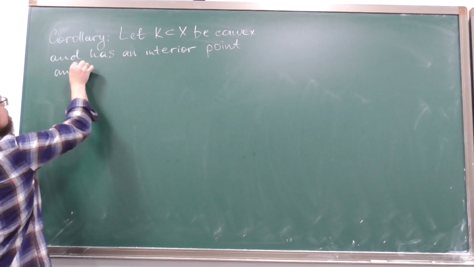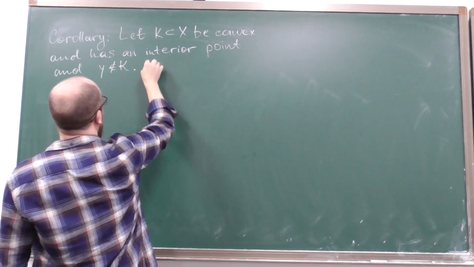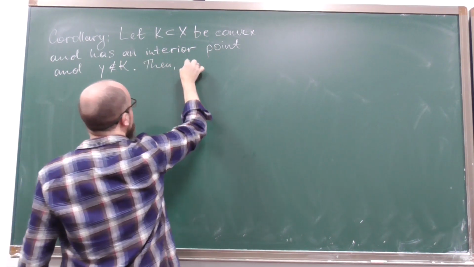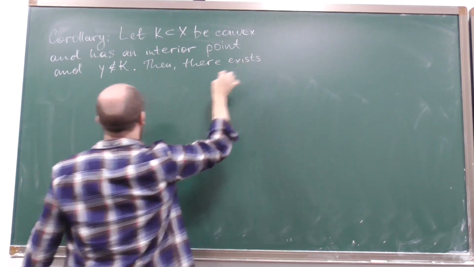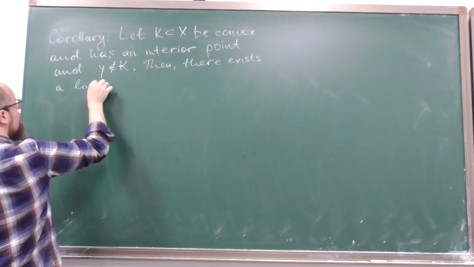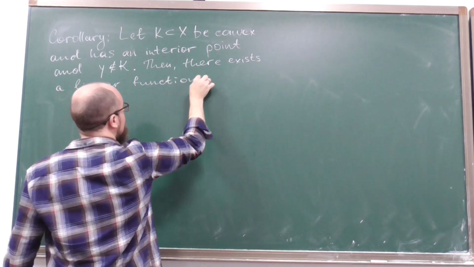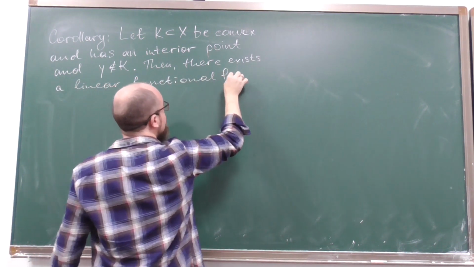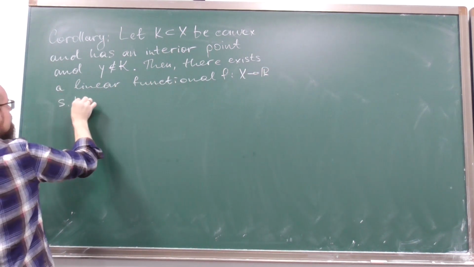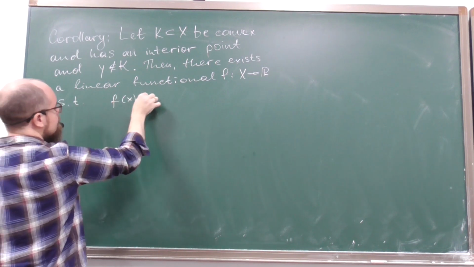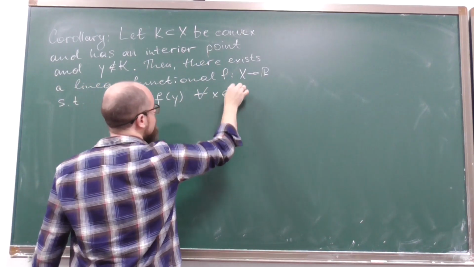And also let Y be a point which does not belong to K. Then there exists a linear functional f on X such that f of x is less than or equal to f of y for any point x from K.